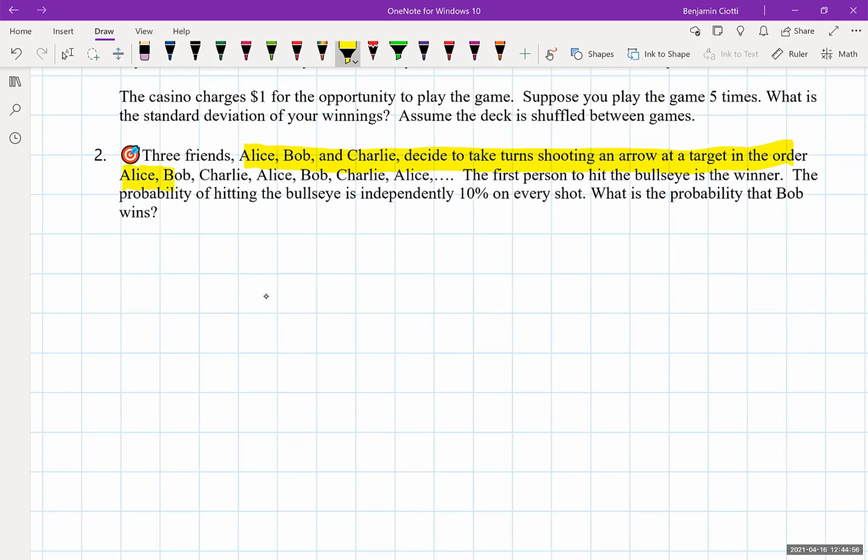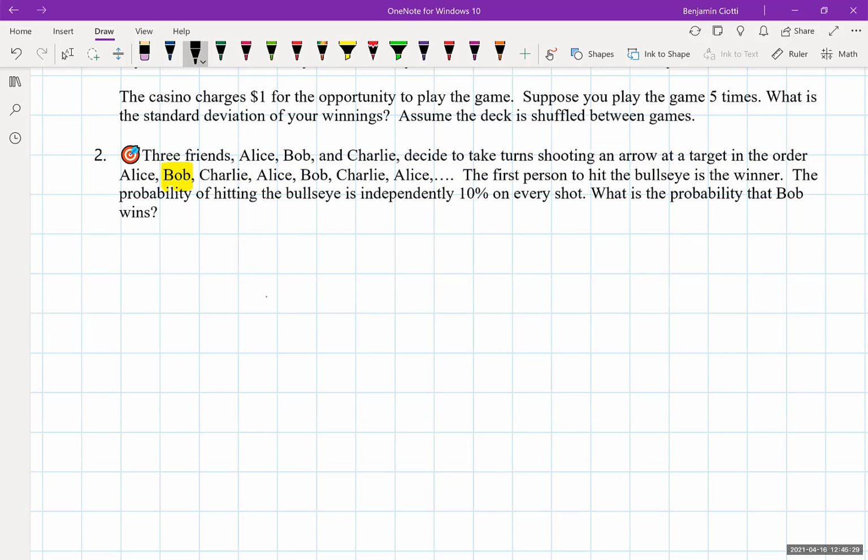They go in order: Alice, Bob, Charlie, Alice, Bob, Charlie, etc. Whoever gets it first is the winner. So it looks like Alice has the advantage, kind of like going first in overtime in the NFL. So there's a 10% probability of getting the bullseye on each shot independently. I asked for the probability that Bob wins this game.